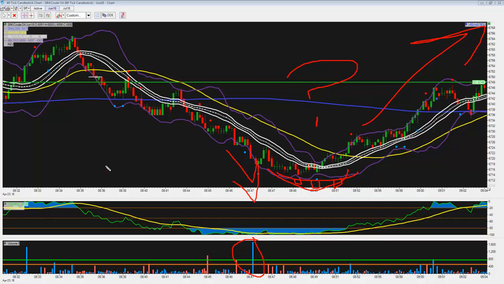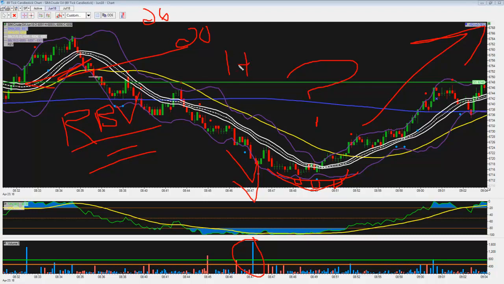But volume related, red was the highest bar volume. So knowing that, there could have been a stop. But the other side of this is the low previous to this was 20 going back. So we had 26, 20, then 14.